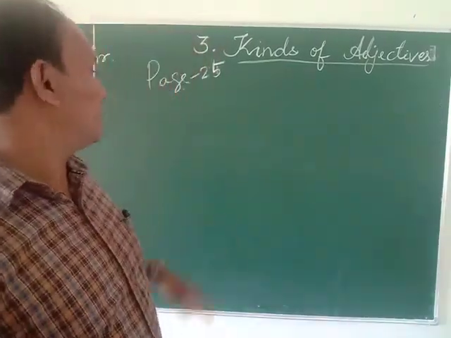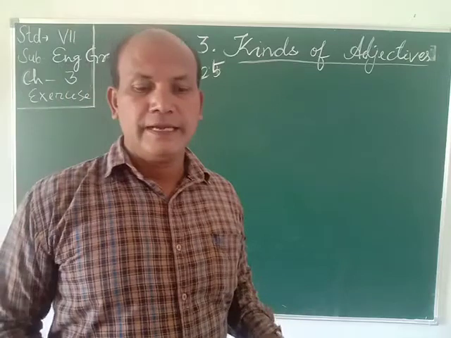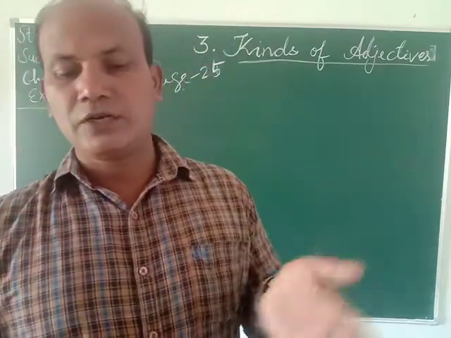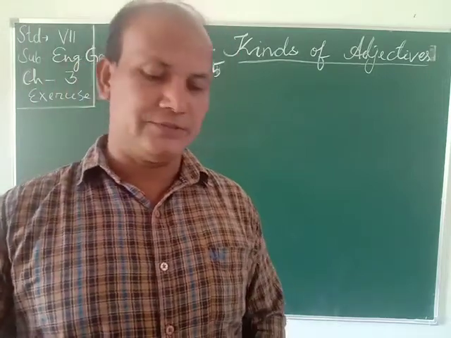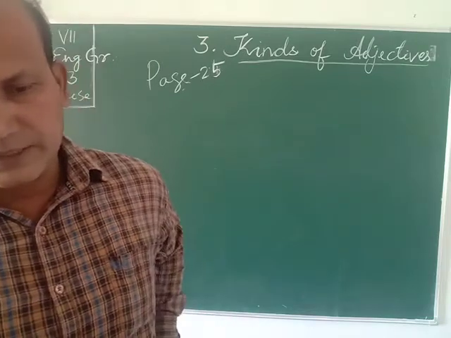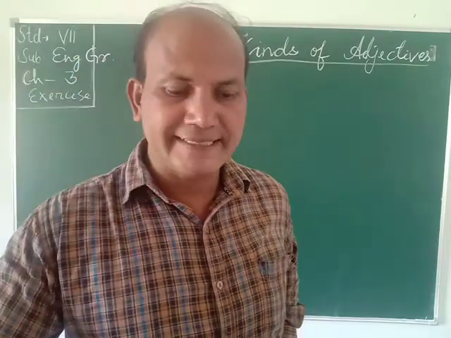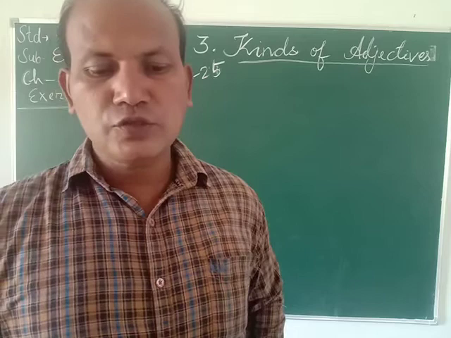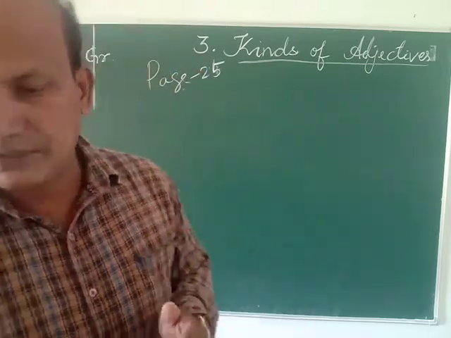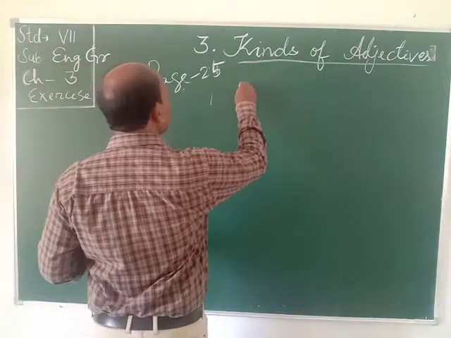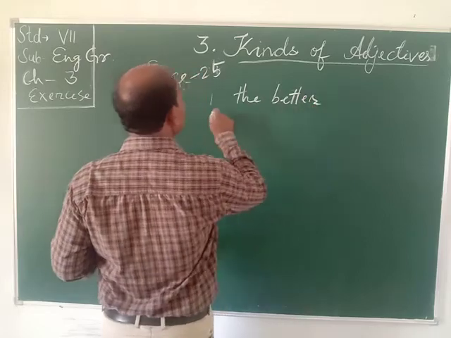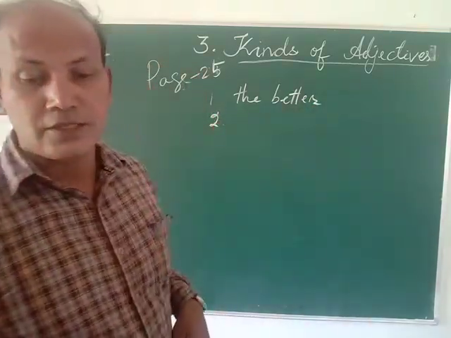Now students, let's see page number 25, and this is the last one. Each of these sentences contains an error in the use of positive, comparative and superlative adjectives. Identify them and rewrite these sentences. First number: this is best of the two songs. It is a comparison, so this is the better of 2 songs.